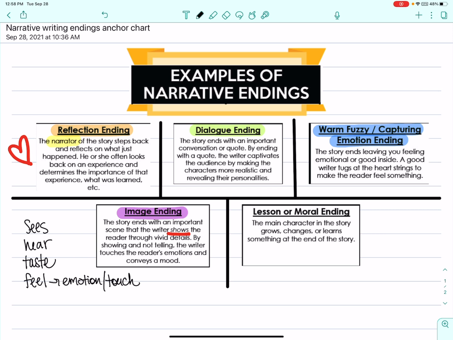So how you can show your reader what has occurred at the end. It could be maybe they've just performed and they're on stage and they see people smiling. They hear the roar of the applause.